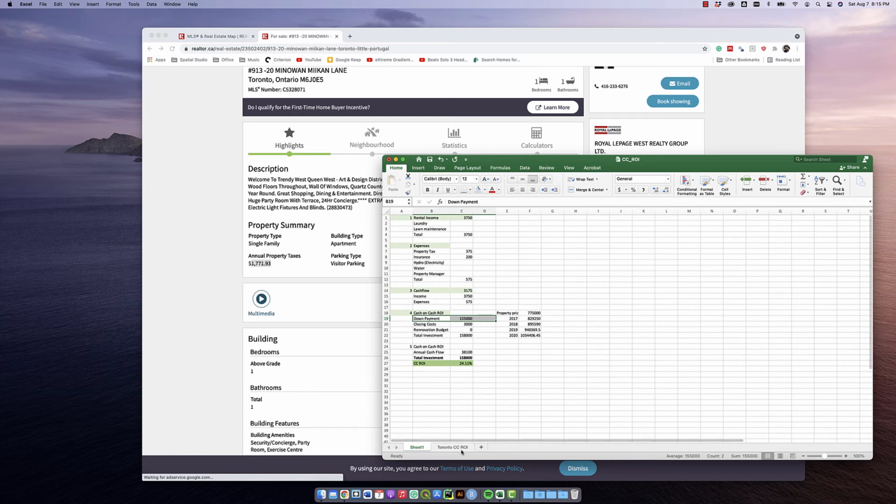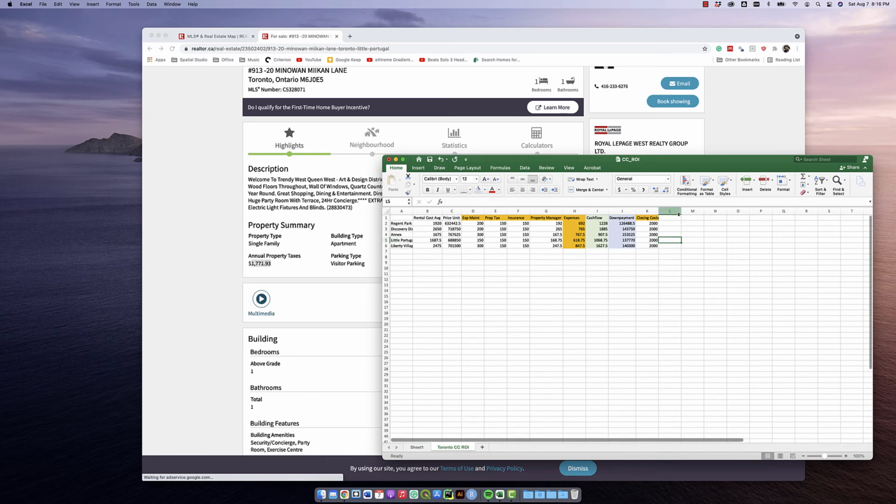So based on that, we can actually now calculate the annual cash flow. Let's have the annual cash flow for these properties and do a different color here. Let's see if I've got different colors that I can use. Okay, annual cash flow I can calculate very easily by using my cash flow, multiplying by 12.